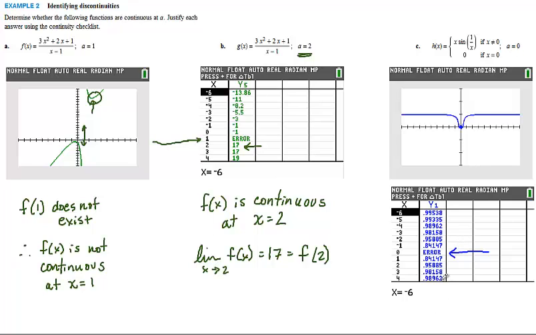I can say that h of x is continuous at x equal 0, because the limit as x goes to 0 of h of x equals 0, which is equal to h of 0.